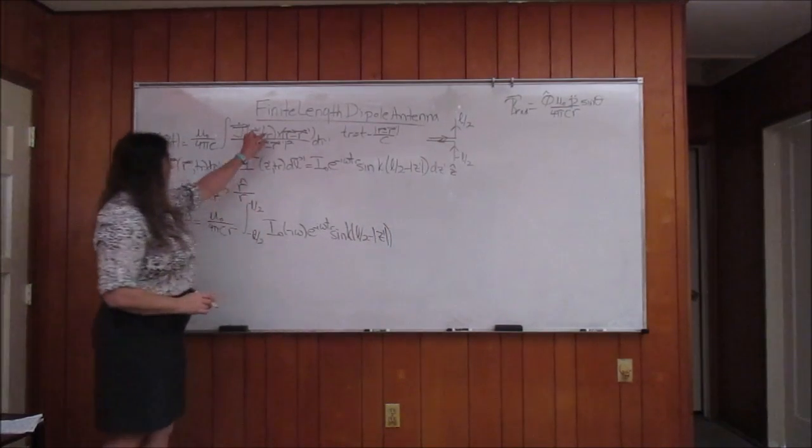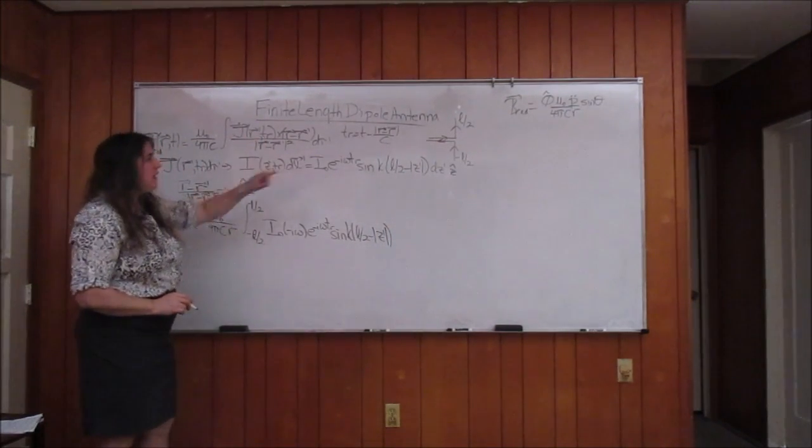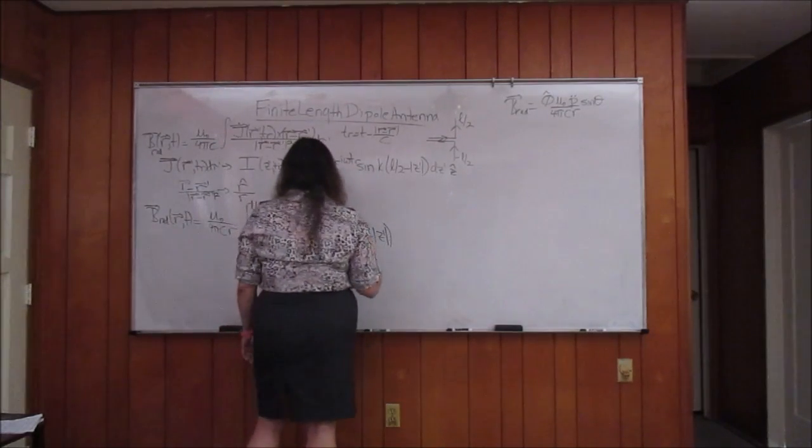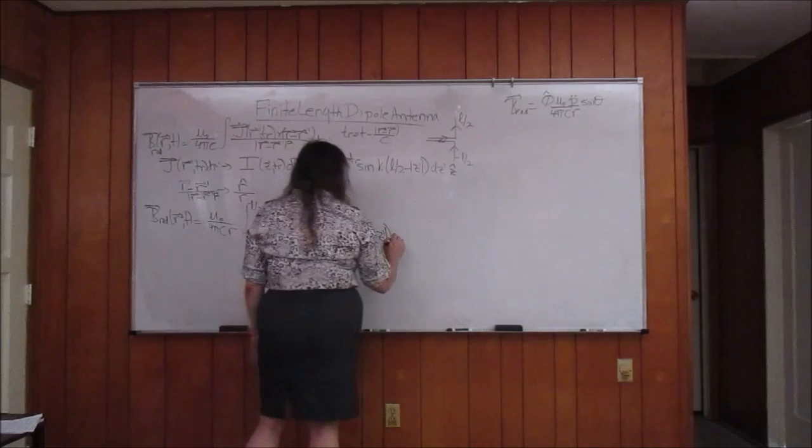And we're taking the cross product of the current density and basically the r unit vector.